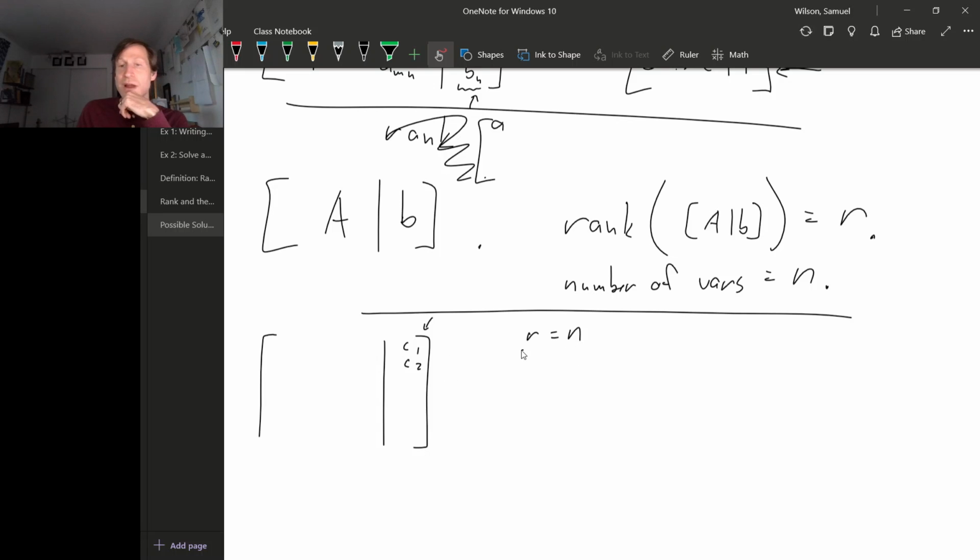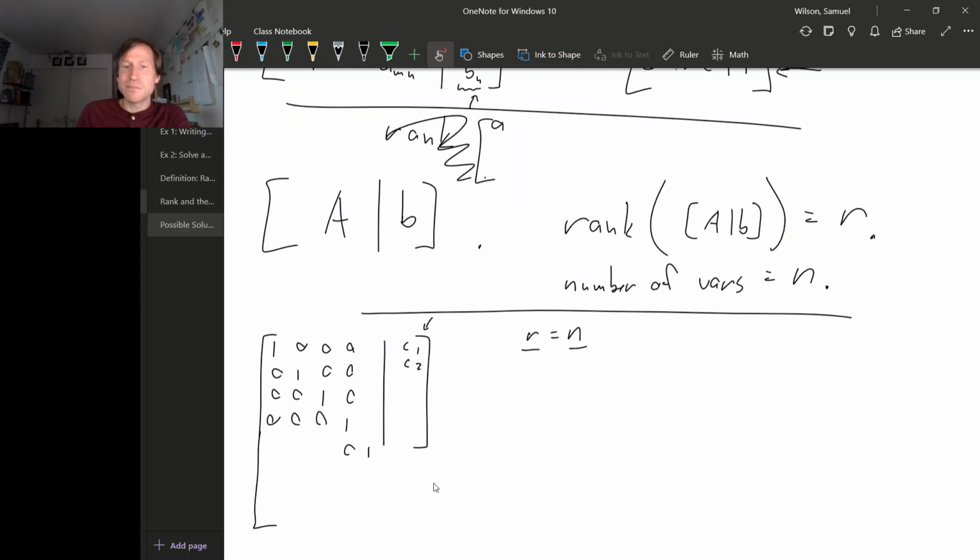If the rank is equal to the number of columns, that means every column has a leading 1 in it. So it's going to look like this. And if you're in reduced row echelon form and every column has a leading 1 in it, then above all of those leading 1s has to be nothing but zeros, and also below those leading 1s have to be nothing but zeros.